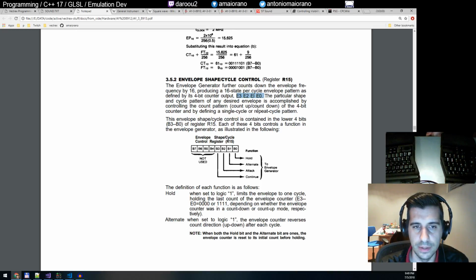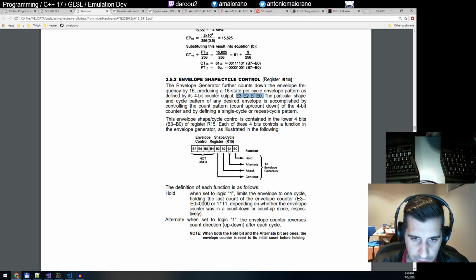Okay. This envelope shape cycle control is contained in the lower 4 bits of register R15. Each of these 4 bits controls a function in the envelope generator as illustrated in the following.